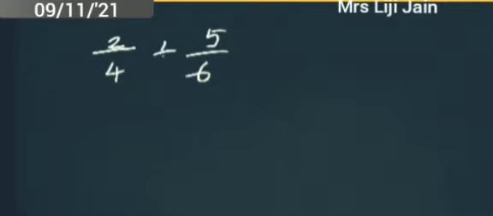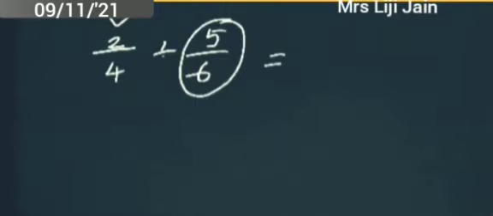Here, which is the dividend? This is the dividend. Which is the divisor? This is the divisor. So 5 by 6 is the divisor fraction, or denominator fraction. Both are same.